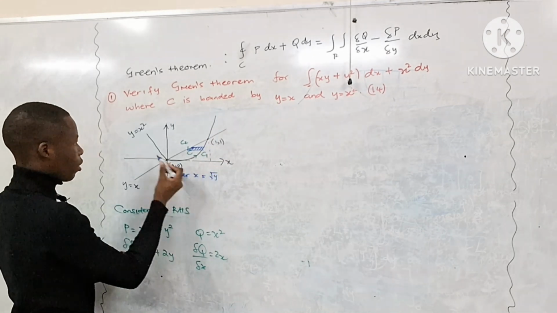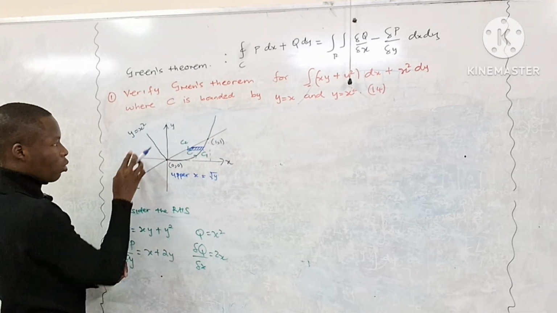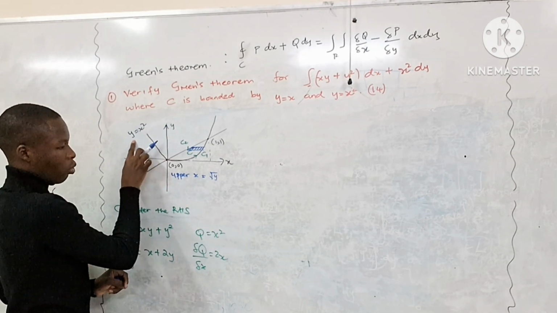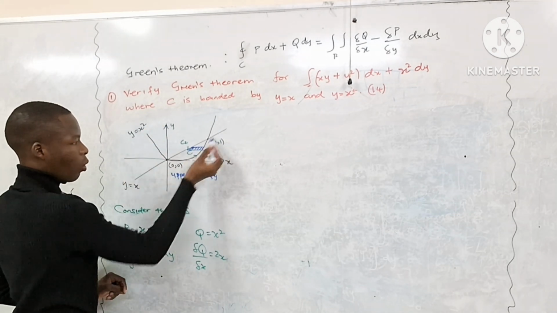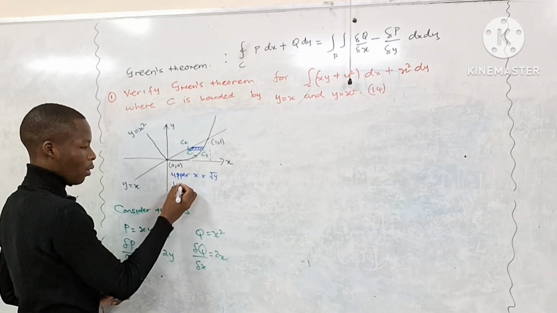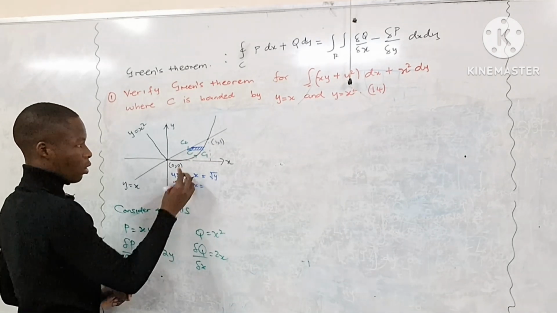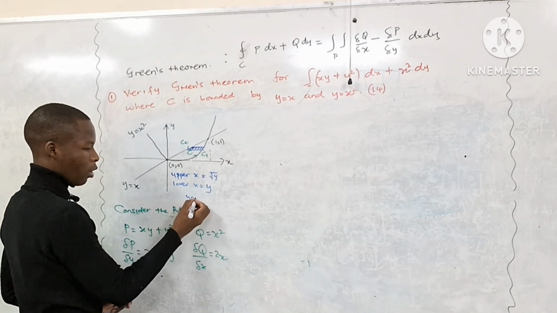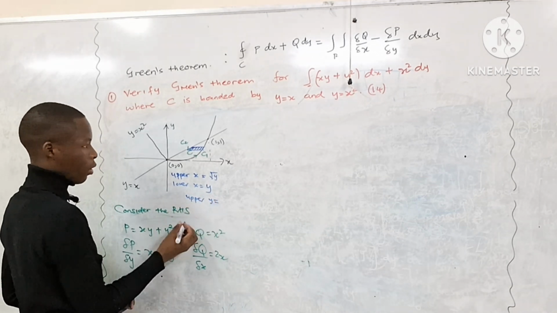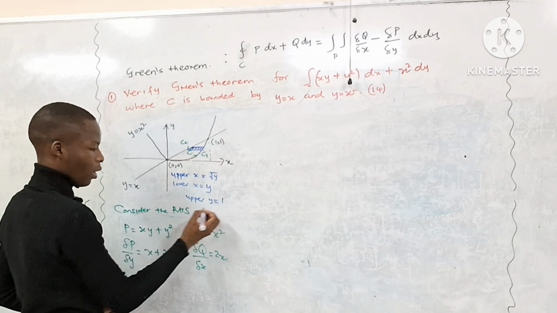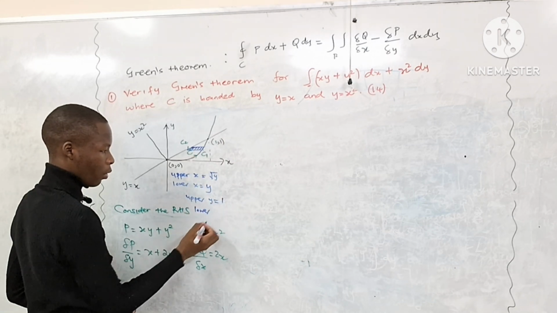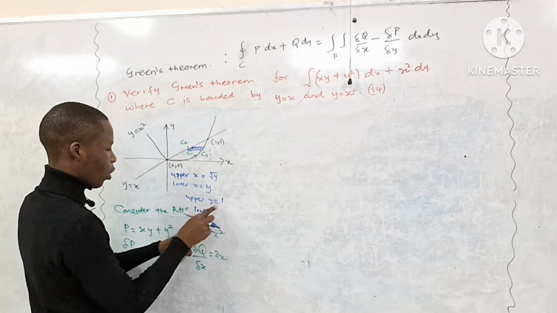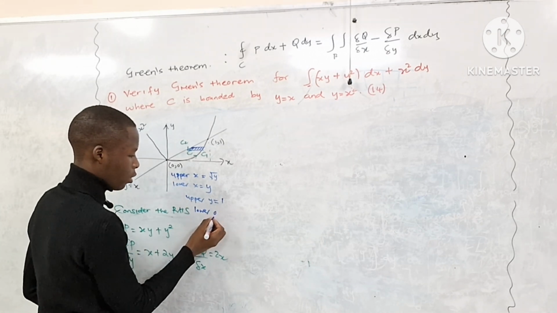Remember, this curve is y equals x squared, so you make x the subject of the formula: x is equal to root y. And the lower limit for x is equal to y. Now the upper limit for y is 1, and the lower limit for y is 0.